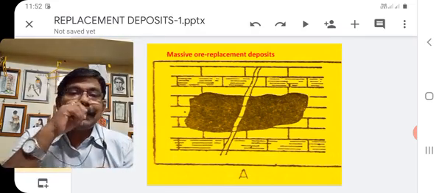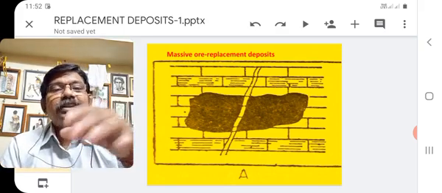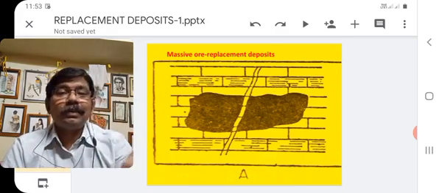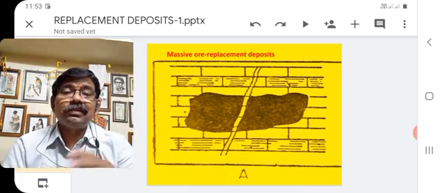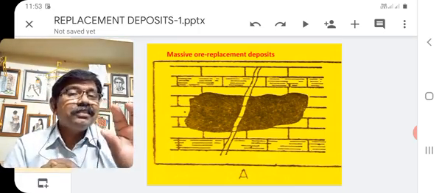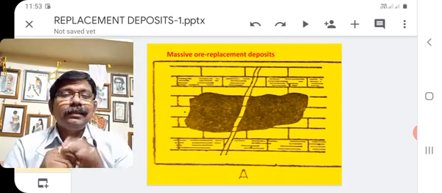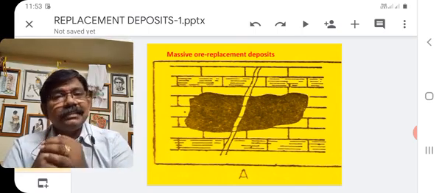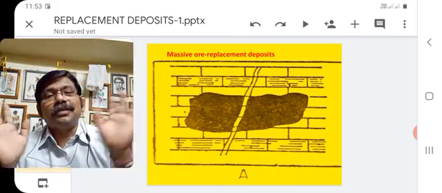So many alloys are formed with the combination of these metals: copper and lead, copper and zinc, right, brass, bronze, gunmetal, German silver, they are all formed due to this. So the base metals, and precious metals like gold, and tin, and nickel, little nickel, nickel is very less, and barite, calcite, these are all formed due to the hydrothermal process.